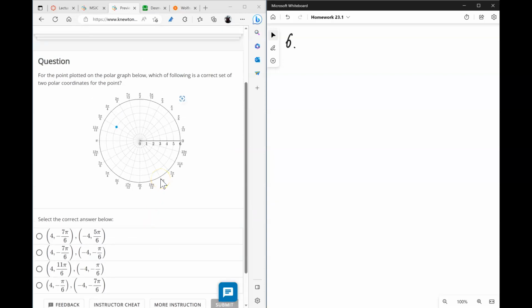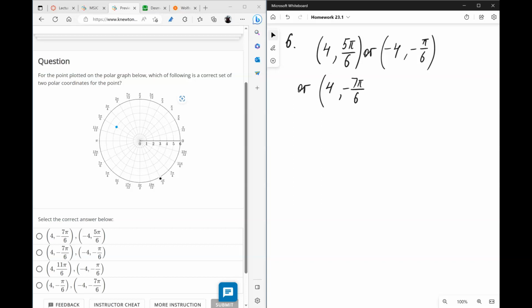Same thing, so we can start here. So 5 pi over 6, then it is 1, 2, 3, 4. That's the most obvious answer. Now we can play with it, so we can go negative pi over 6, but then you have to go in the negative direction 4, or you can go negative 7 pi over 6.